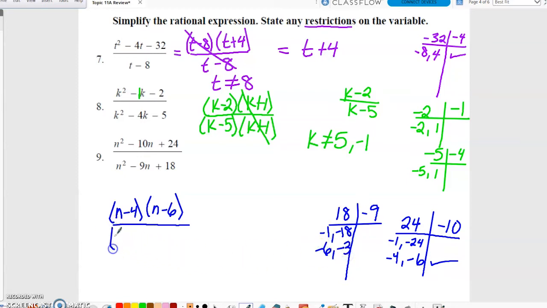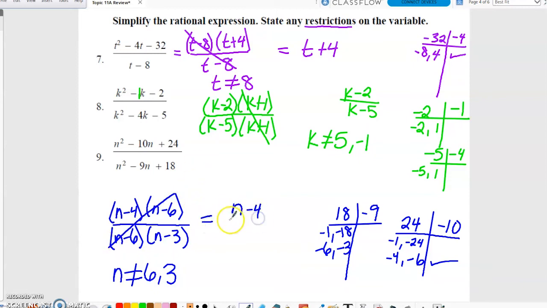So we're going to say n minus 6 and n minus 3. Looking at my restrictions, we're going to say n cannot equal positive 6 and positive 3 because you set both of these equal to 0 and solve. My n minus 6s cancel, and I am left with n minus 4 over n minus 3.